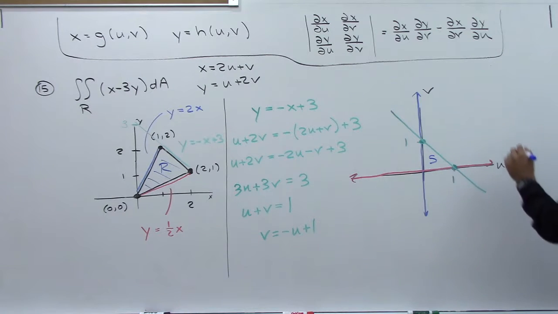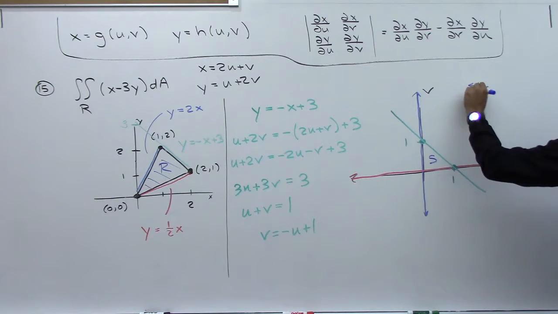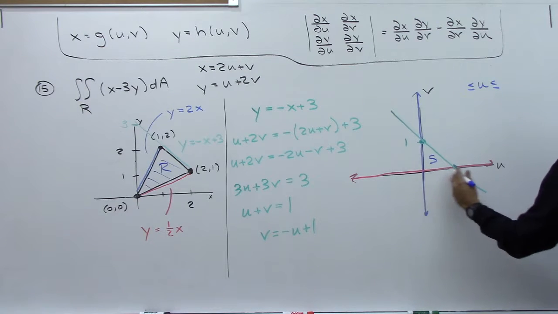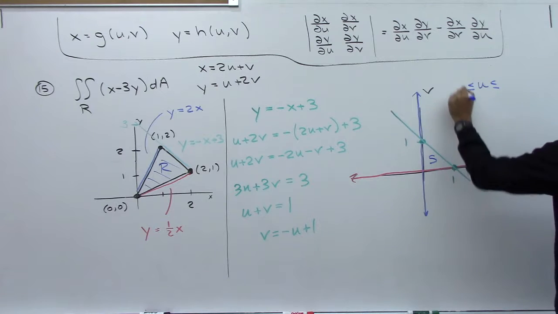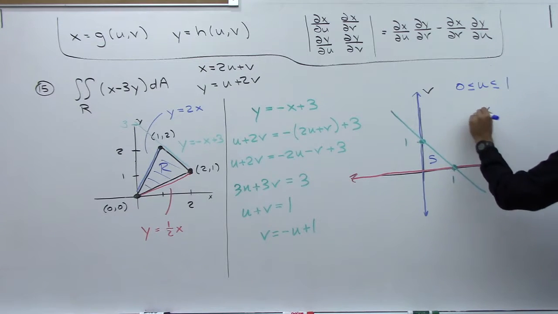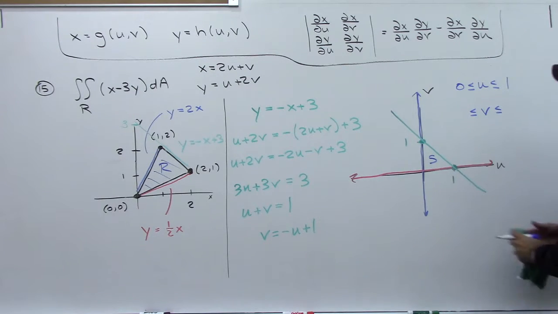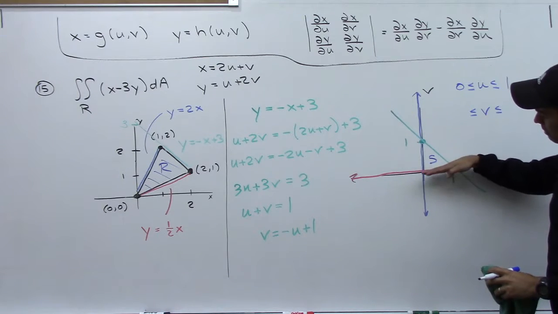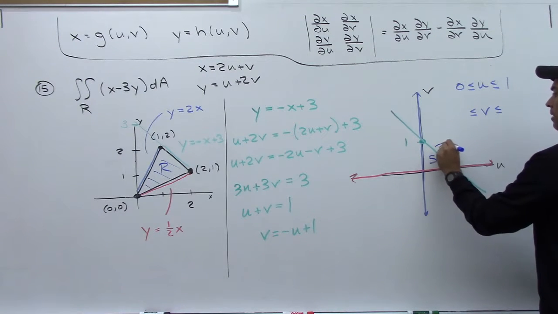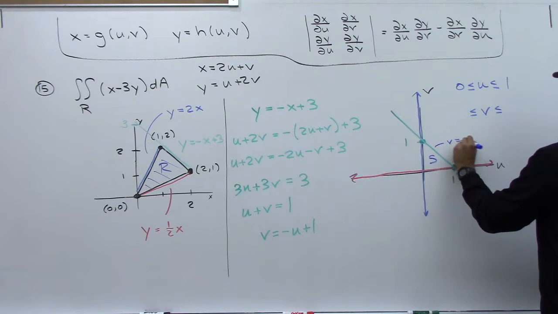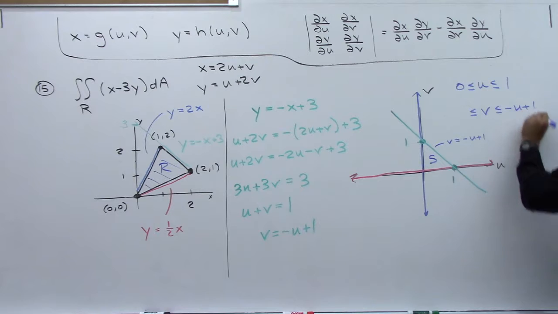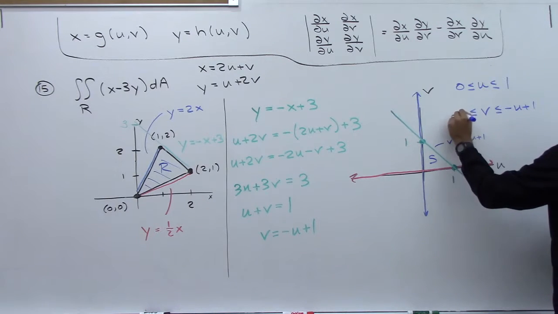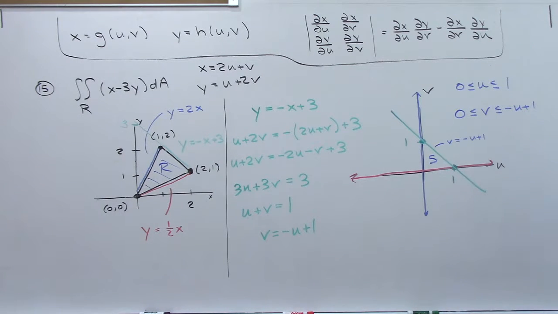U is between 0 and 1, and V is between a top function and a bottom function. Top function, remember this line right here, was V is negative U plus 1. So my V is stuck between negative U plus 1, that's the top, and the bottom was V is 0. So everything's looking good so far.